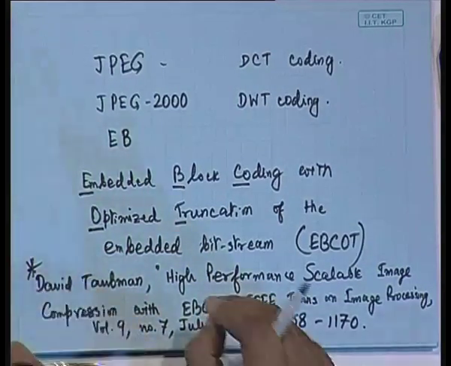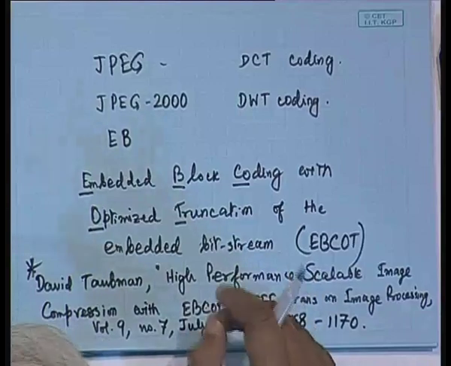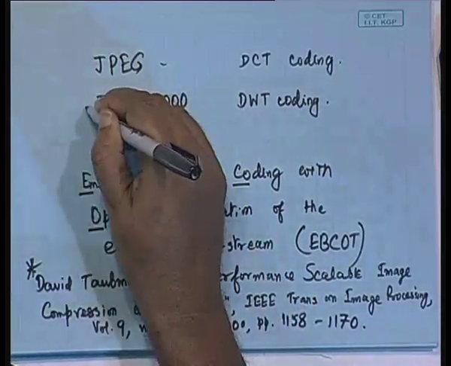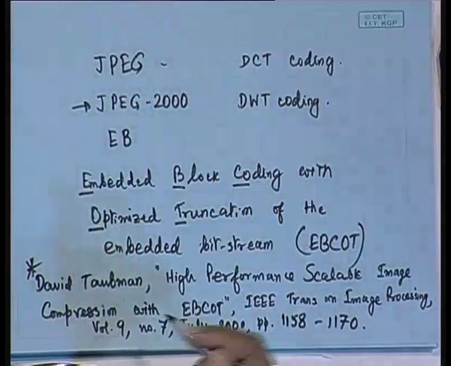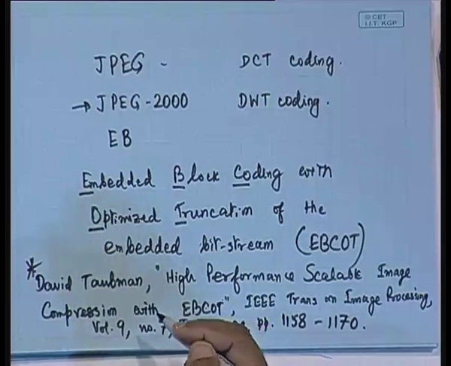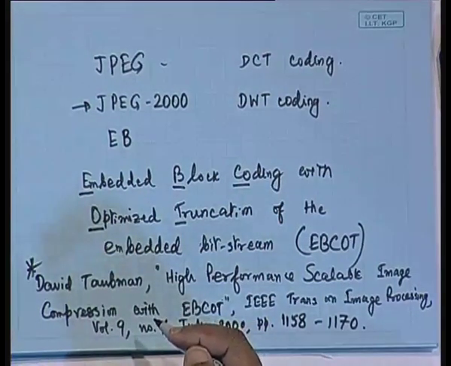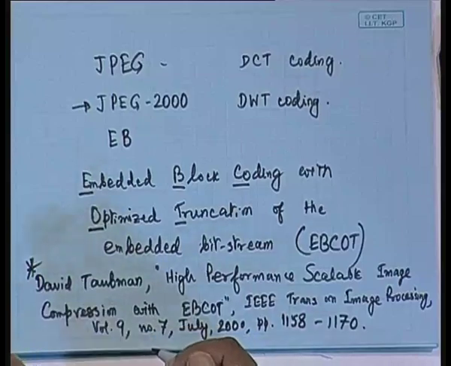This EBCOT algorithm is actually the one that has gone into JPEG 2000, in a little bit modified form. What Taubman proposed is slightly different from what finally JPEG 2000 adopted.